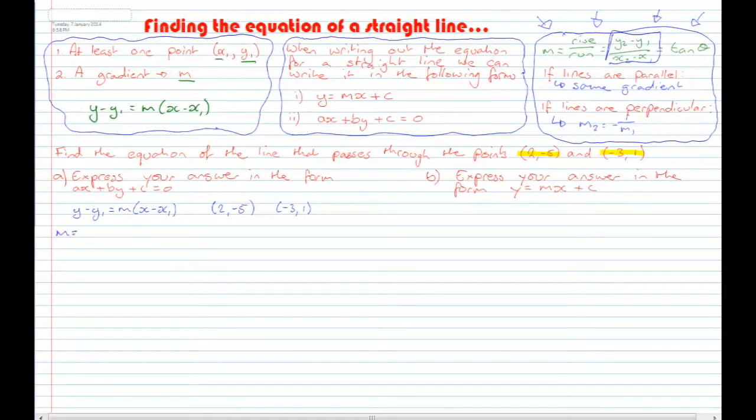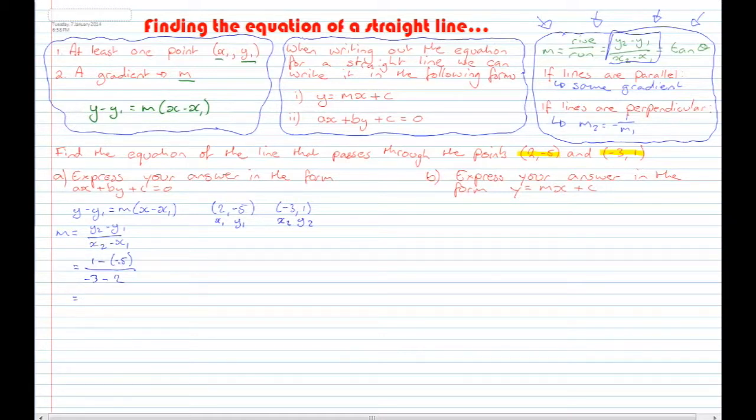So m is equal to (y2 - y1) over (x2 - x1). Okay, so let's label our points x1, y1 and x2, y2. Alright, and substitute in now. So you've got y2 being 1 minus y1 being -5 over x2 being -3 minus x1 being 2.